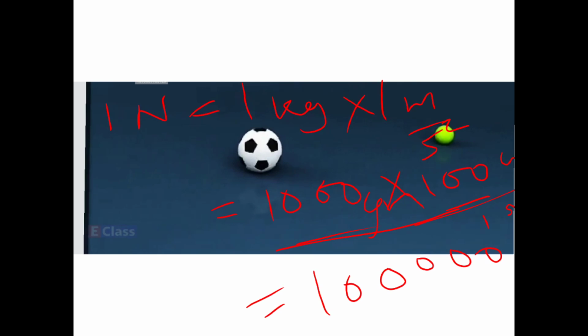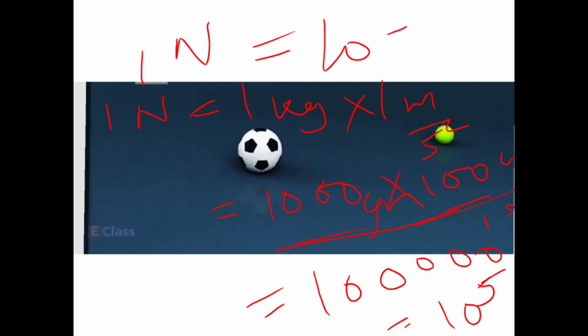So gram centimeter per second square, this is nothing but dyne. And 1 followed by 5 zeros means 10 raised to 5 if we write scientifically. So children, we got the relationship: 1 Newton is 10 raised to 5 dynes.